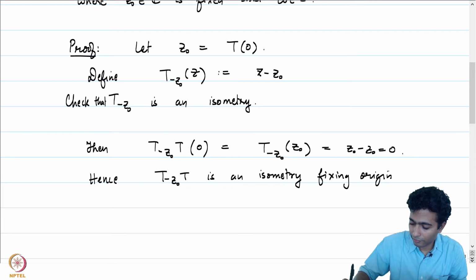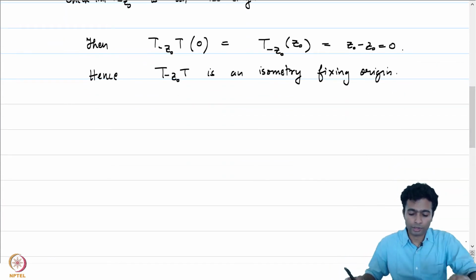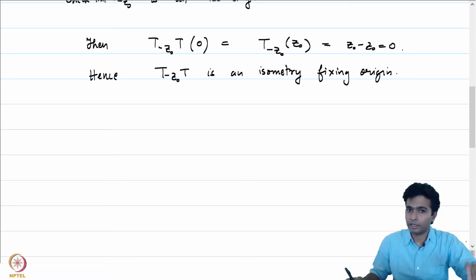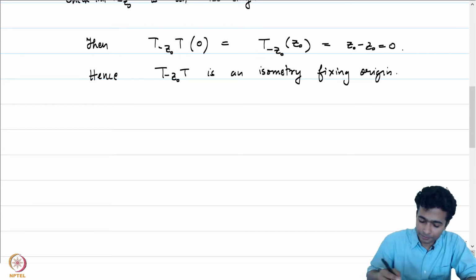But we are now in familiar waters, because if an isometry fixes the origin, we know that it is either of the type omega times z or omega times z bar, where omega is some element in the unit circle.